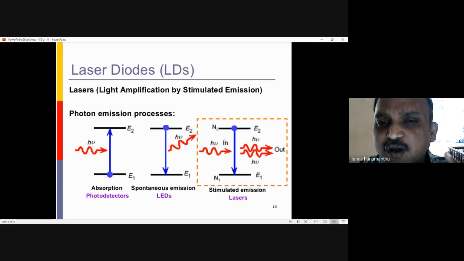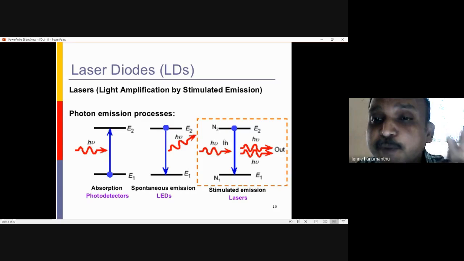In order to create a population inversion in the material, we need a pumping process. What is a pumping process? Pumping process is nothing but creation of more atoms in the high energy state.